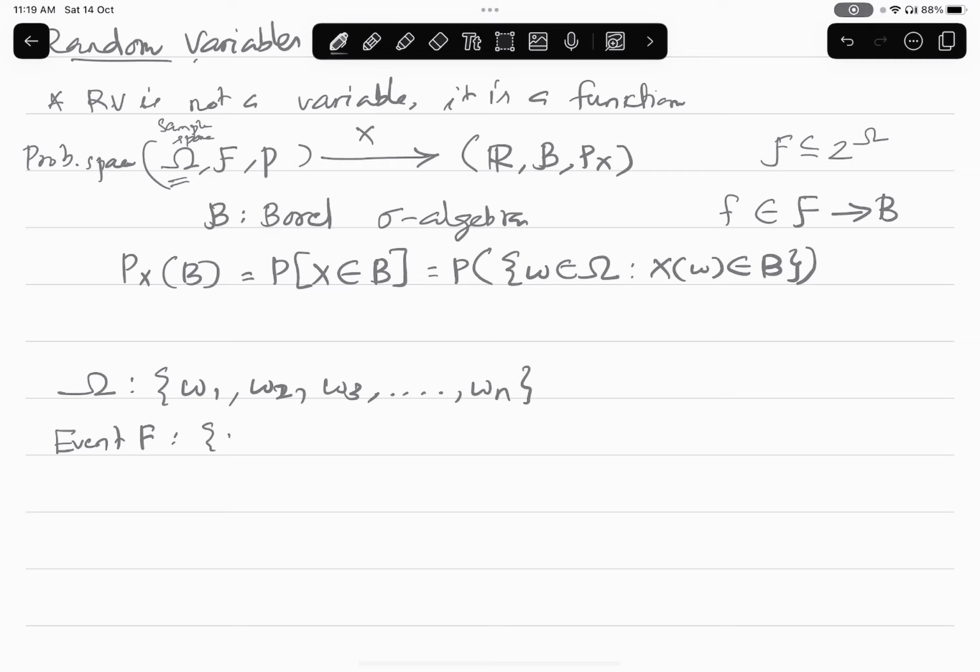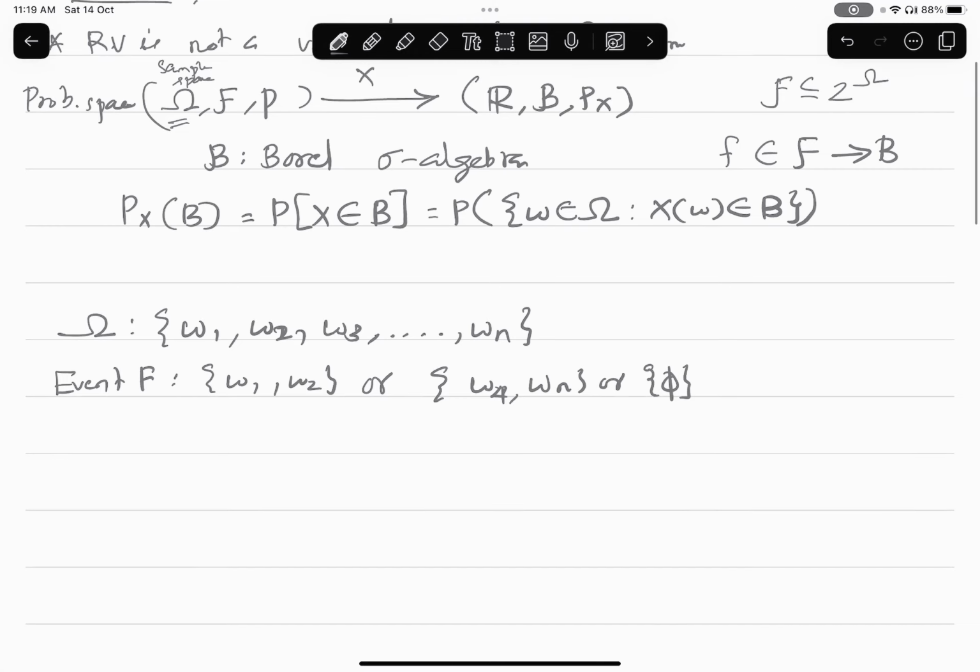It can be like {ω1, ω2}, or a set of ω4 and ωn. It could be a null set. You can take all the events together. All these possibilities are there. So probability ultimately we are defining for a particular event.